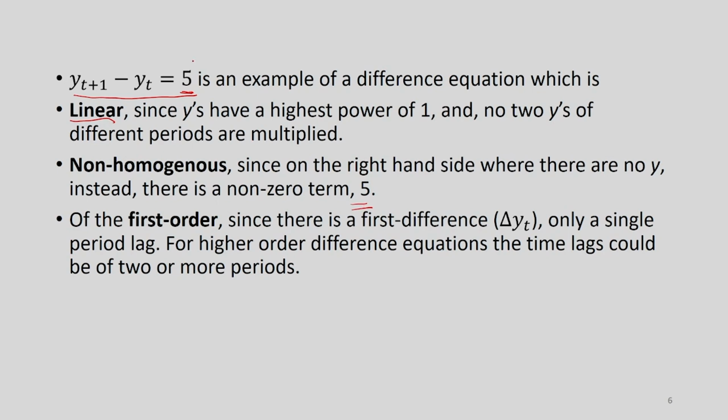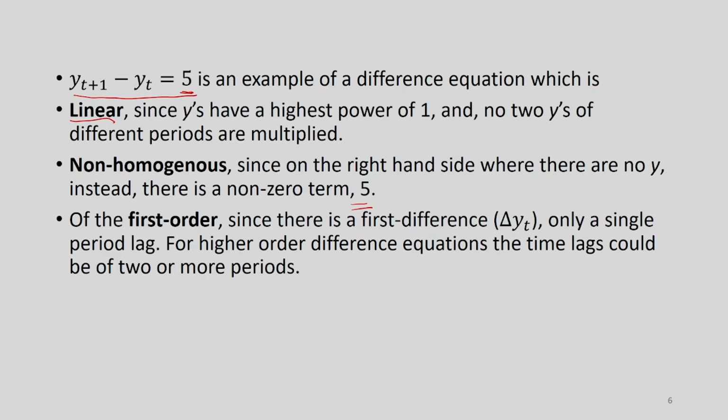So, had we a 0 here instead of 5, then we would have called this a homogeneous difference equation. But since we have a non-zero constant on the right hand side, what is special about the right hand side here? The special thing is that on the right hand side there are no y's, and we have a non-zero constant, which makes this difference equation a non-homogeneous difference equation.